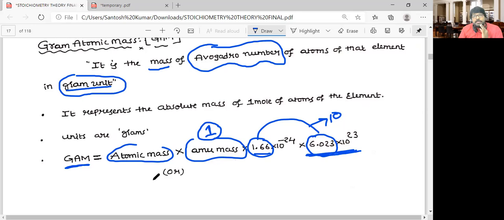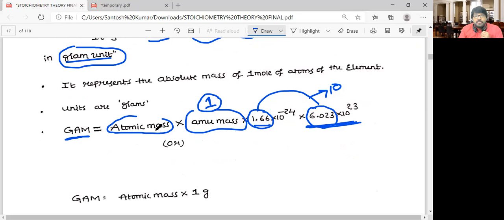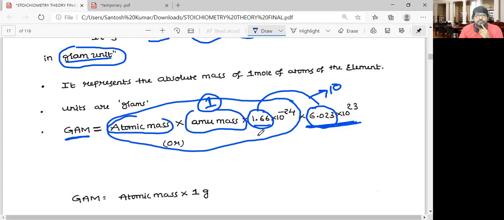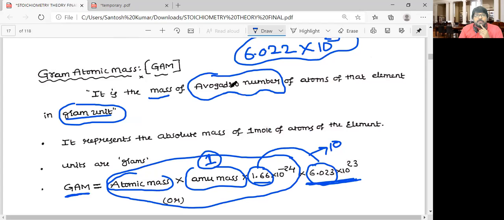Numerical values are same, but the units are different. You check. See, if you take absolute mass of one atom, this is the absolute mass of one atom. But we are taking how many atoms? Avogadro number of atoms.